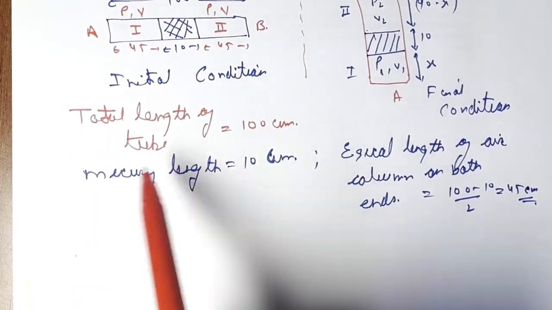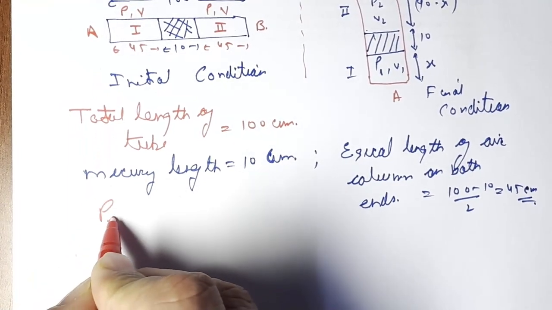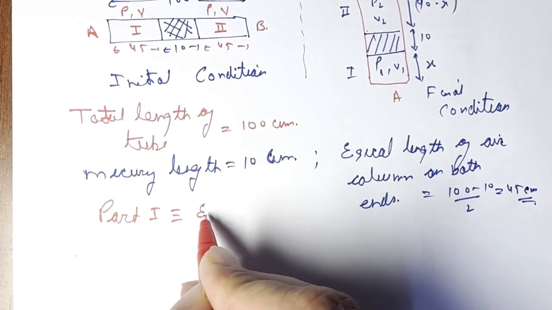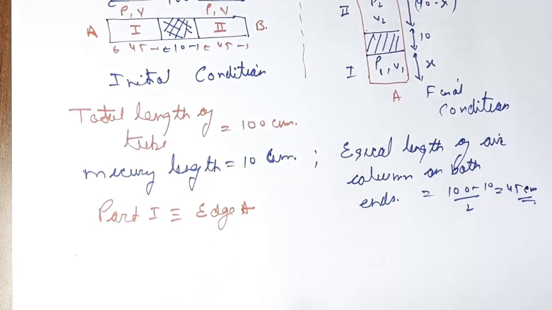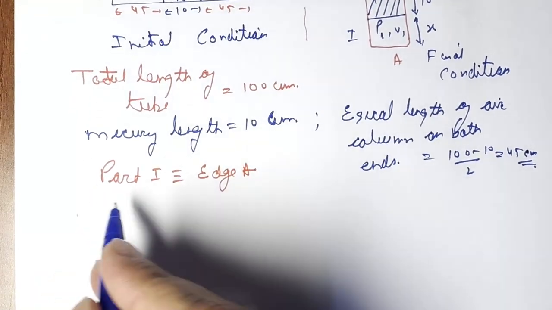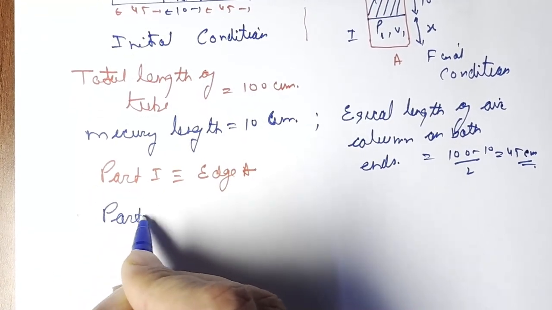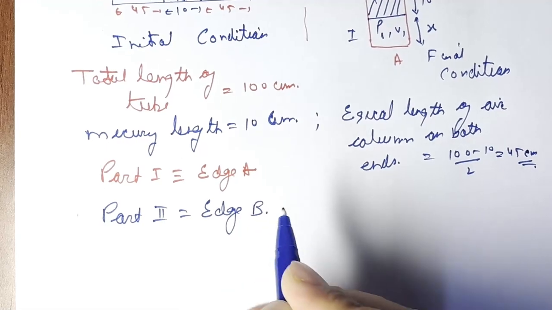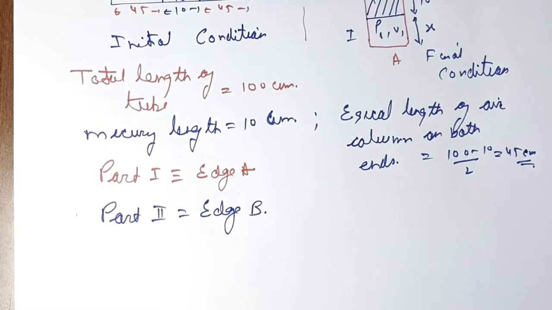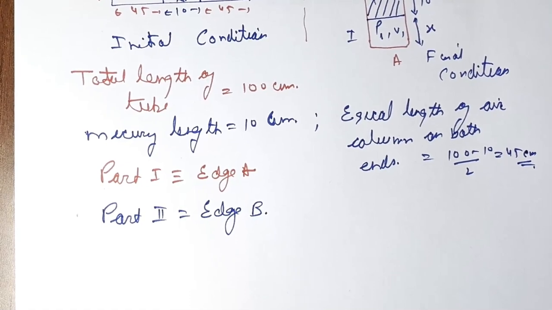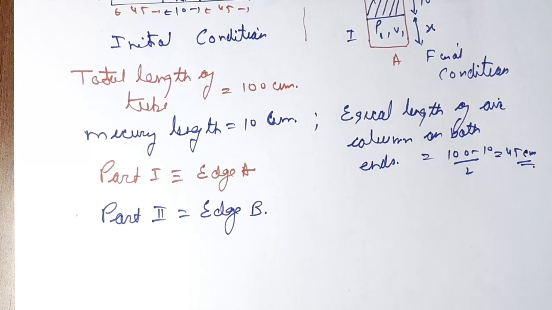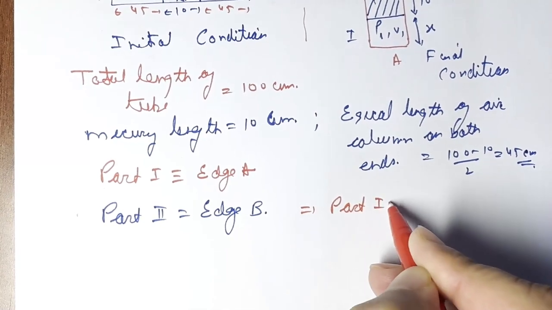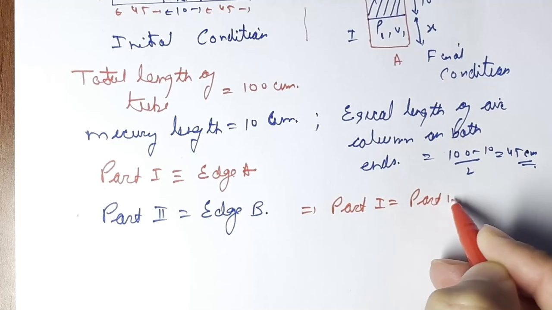Part 1 is towards the end A, and part 2 is towards the end B. Initially, part 1 is equal to part 2.